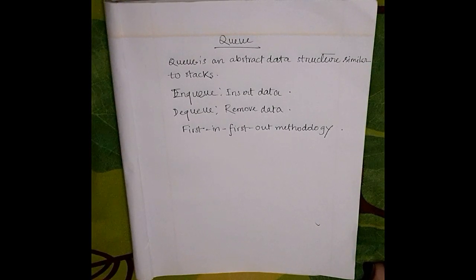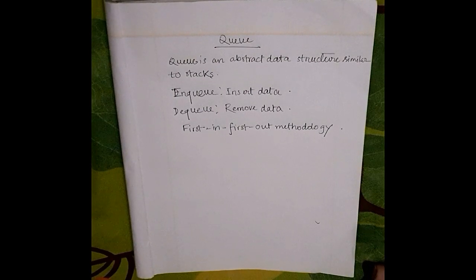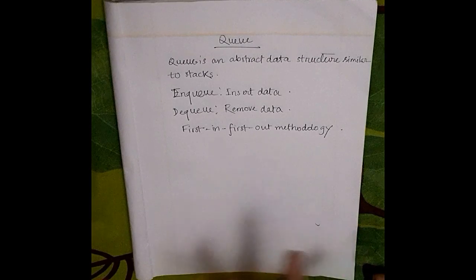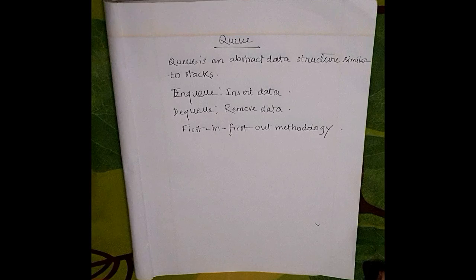What do you understand by a first in first out methodology? If there is a one way driving road, and let's say 4 or 5 cars standing in a queue, that can be compared with this same scenario, right? In other words, the data item stored first will be accessed first.